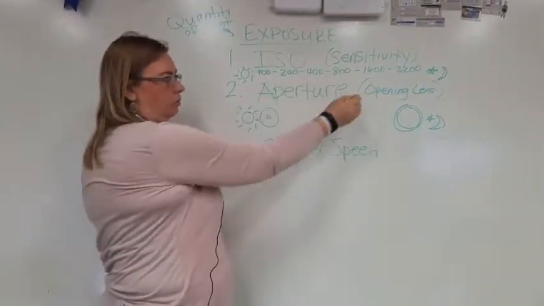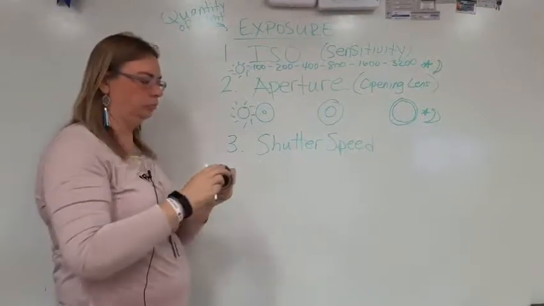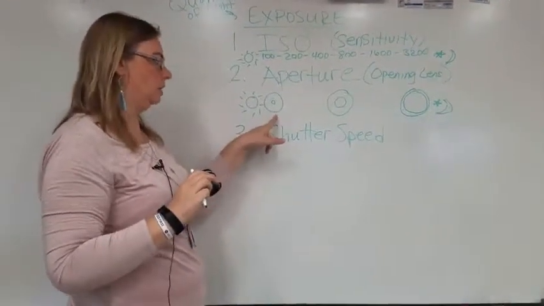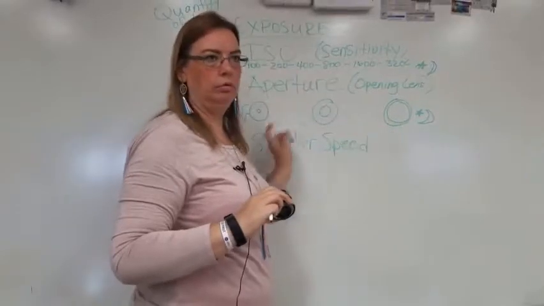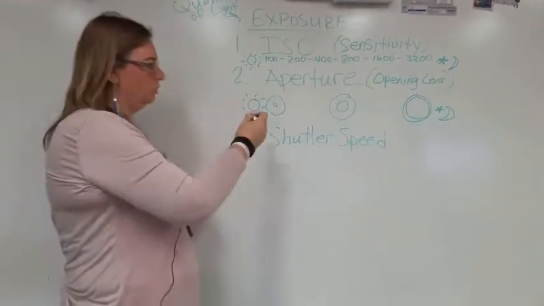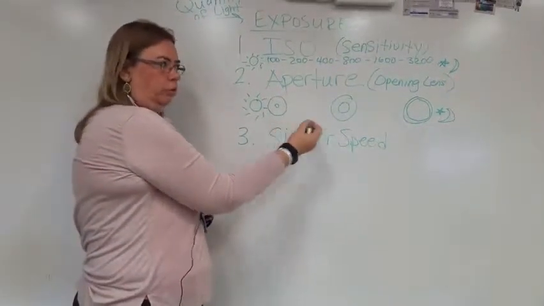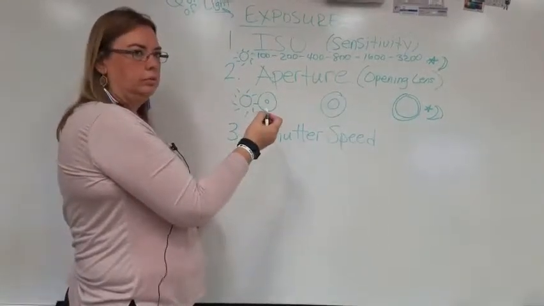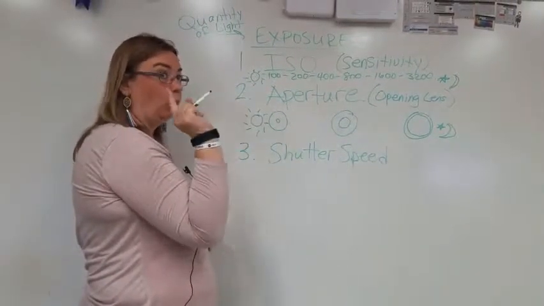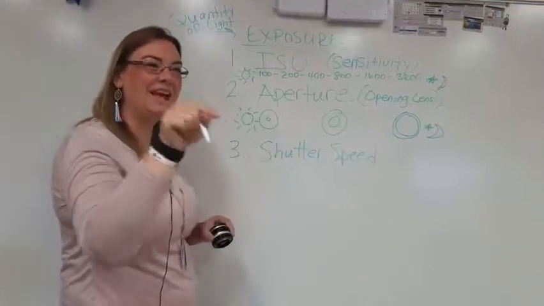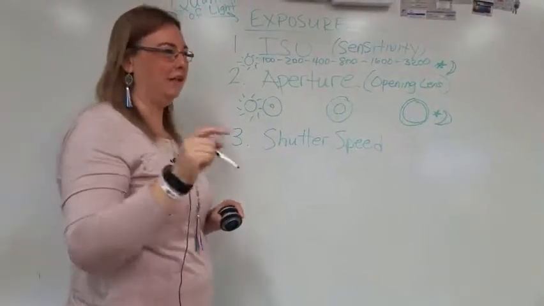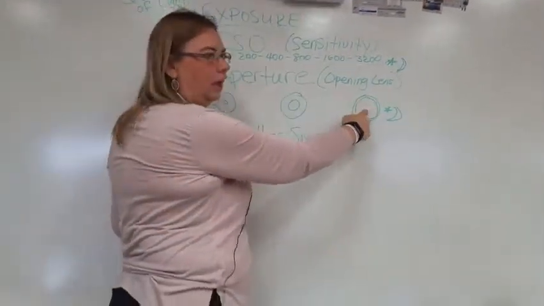We have numbers here, we don't have numbers here. Any idea what kind of number this is? Is this a small number or a big number? Small number for what kind of opening? Wrong. It's exactly opposite. Remember we talked about this the other day? If it's a big opening, it's a small number.